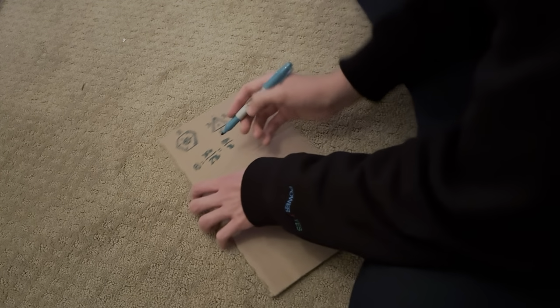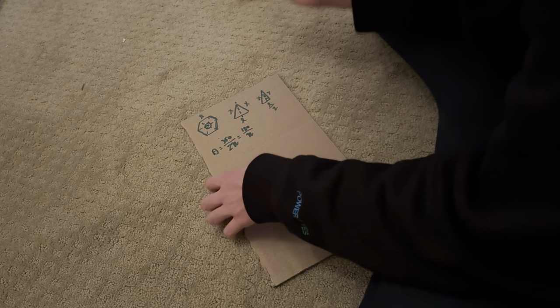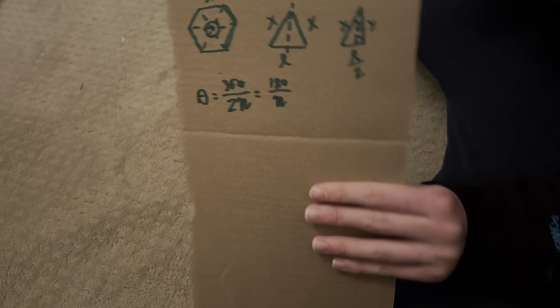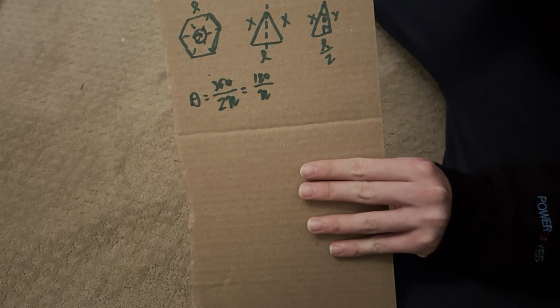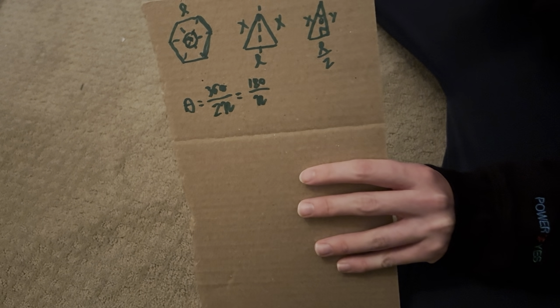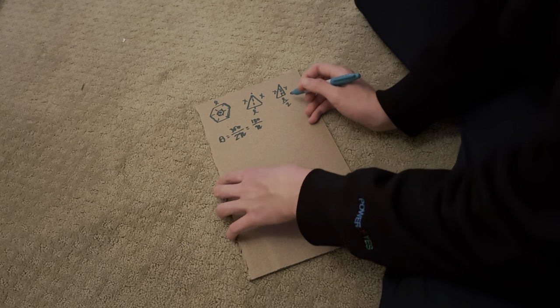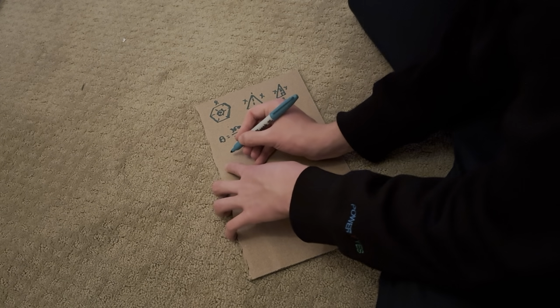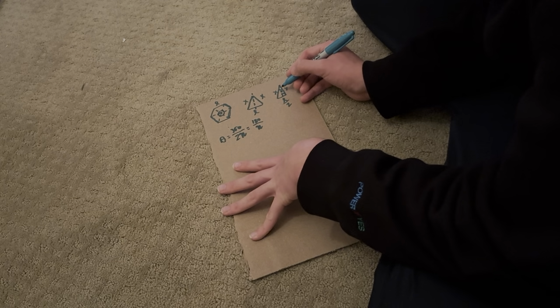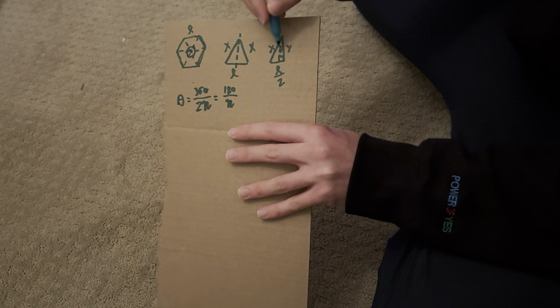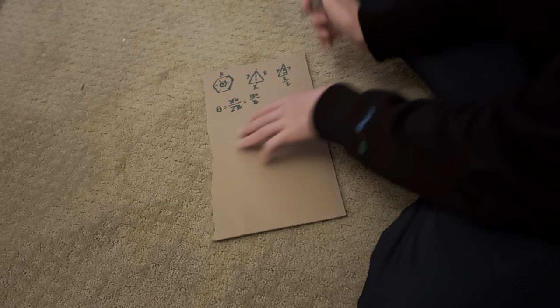So then, now we need to get y. I know we could have gotten y by using the square root 3 over 2, I think is the equation, times the side length. But this method was the way that I came up with, and I thought it looked prettier. So we're doing this method. Y is going to be equal to, so we're going to use tangent because it's opposite over adjacent.